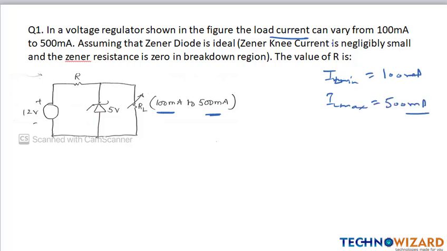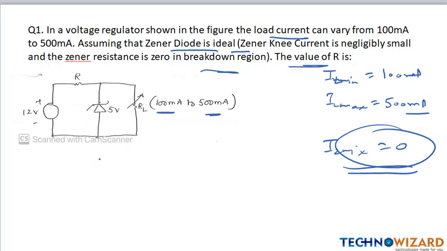Assume that Zener diode is ideal, Zener knee current is negligibly small, and the Zener resistance is 0 in breakdown region. Find the value of R. If they are saying the Zener current is negligibly small, then I can say that IZ minimum is equal to 0.